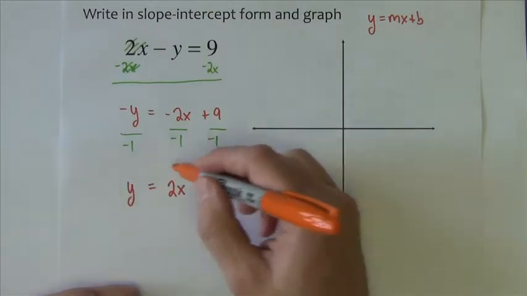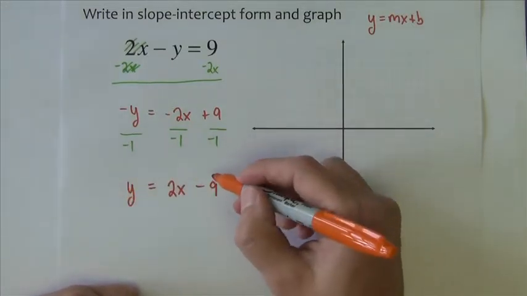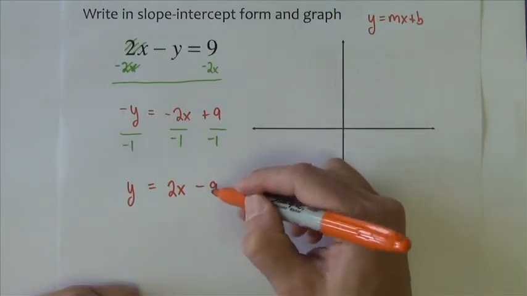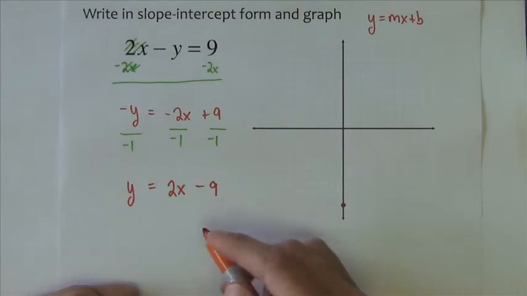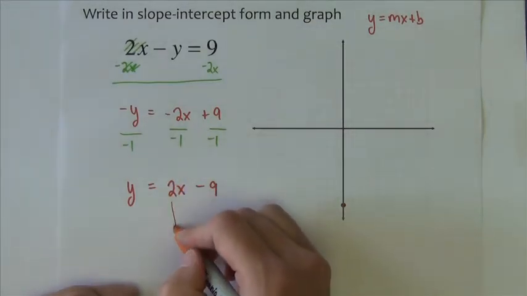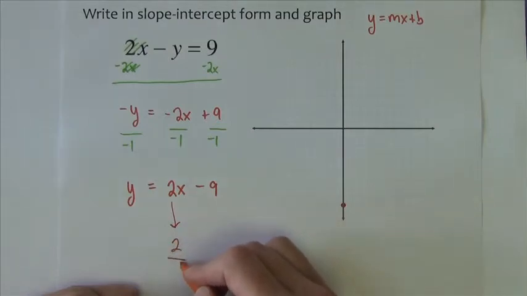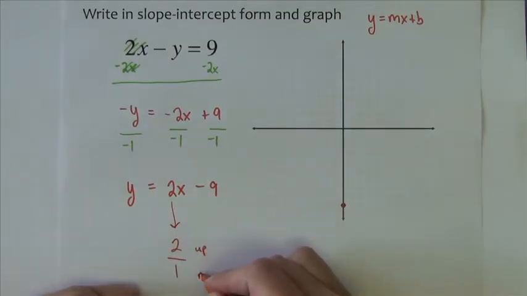Okay, so once we're in that slope-intercept form, very easy to graph, we're going to start here on the y-axis. So we're going to start at negative 9. And then here's our slope, 2. Now slope is typically written as a fraction, so 2 is the same as 2 over 1, which means we're going to go up 2 and right 1.